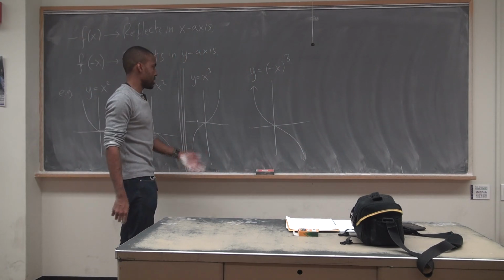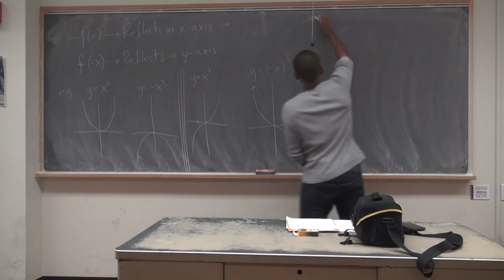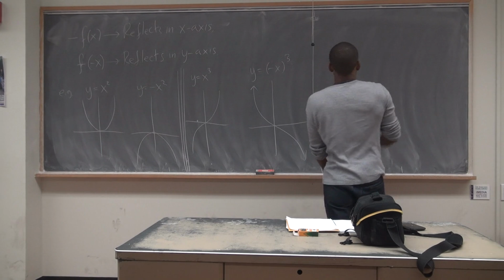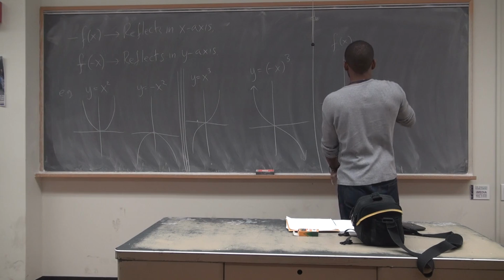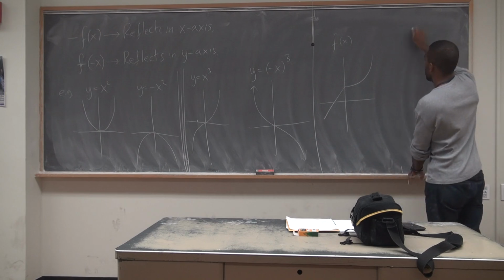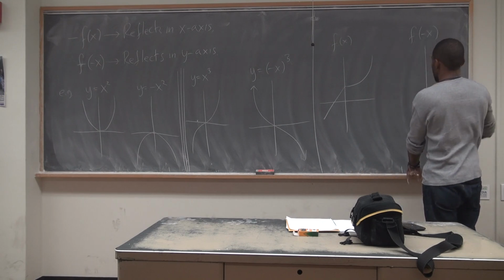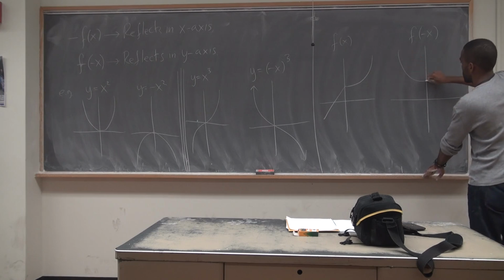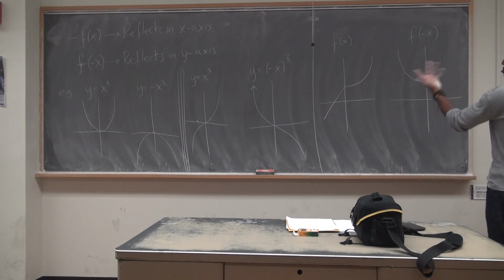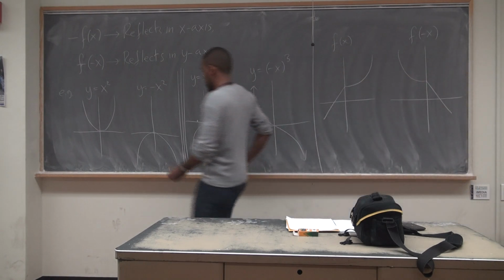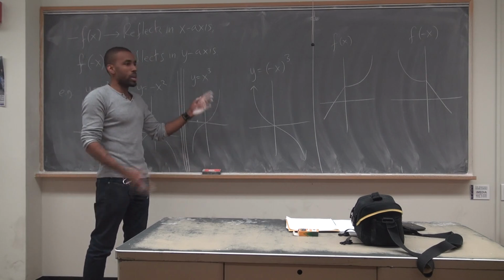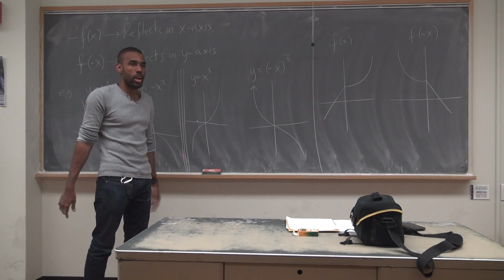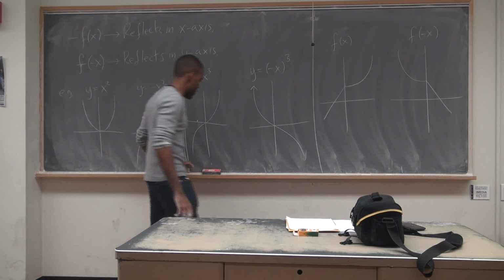Although x cubed is not such a great example because it looks the same if you flip it here. Or if I have some function f of x, then if I take f of minus x, it's going to look like this. So again, pictures, graphs, are very important to us, but you don't want to have to redo all your calculations if someone tweaks your graph, right? So you should just know how to quickly figure out what's going on.